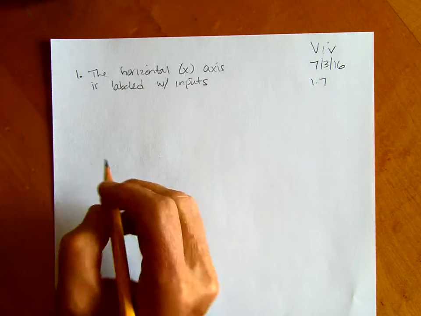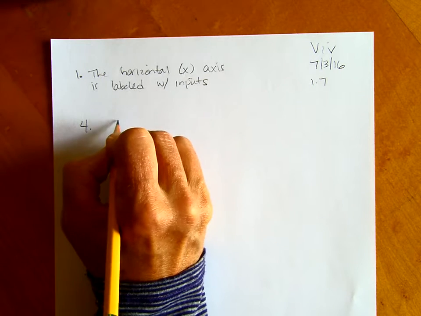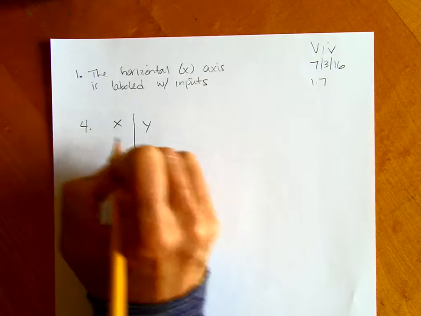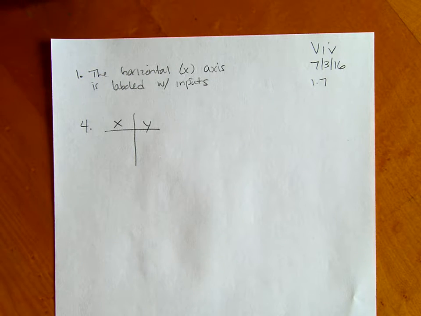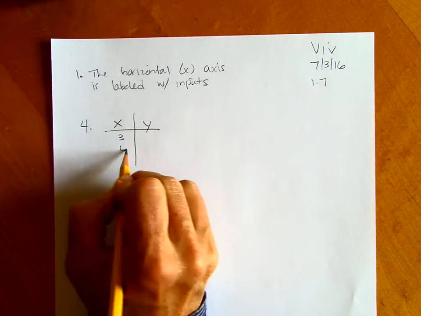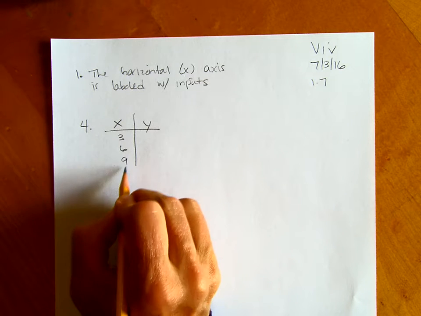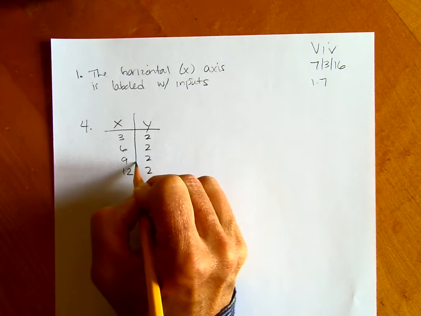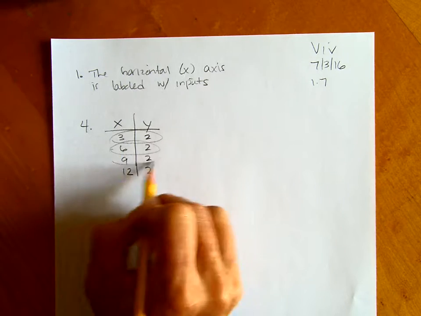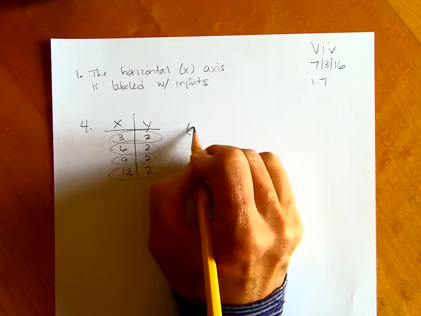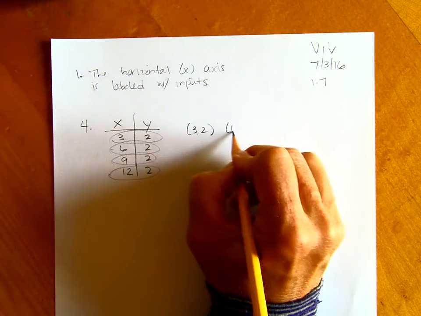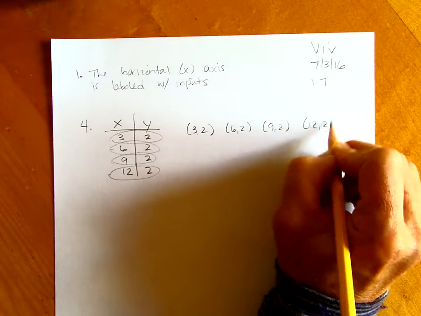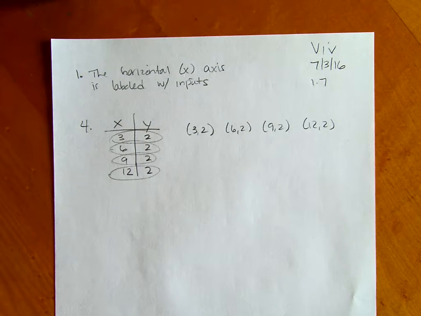They wanted the ordered pairs, so I'm going to copy this table. Inputs and outputs, so we can call them x and y since we don't want to record the words input and output. So each of these is a point. As an ordered pair, I write (3, 2), (6, 2), (9, 2), and (12, 2).